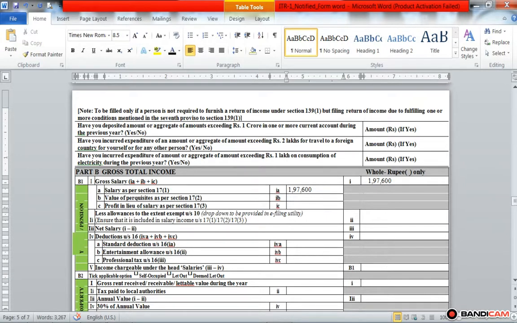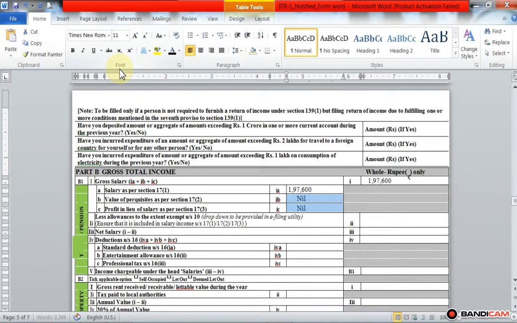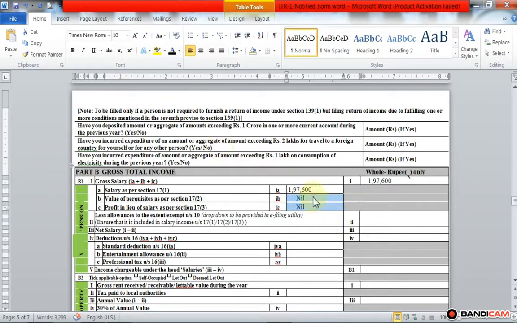So perquisite is not given, so nil. Profit in lieu of salary is not given, then nil. Now we make the total, and the total is 1,97,600. We put this total in front of gross salary.